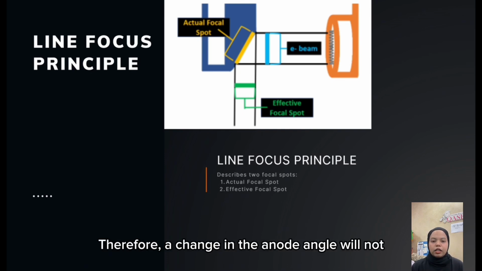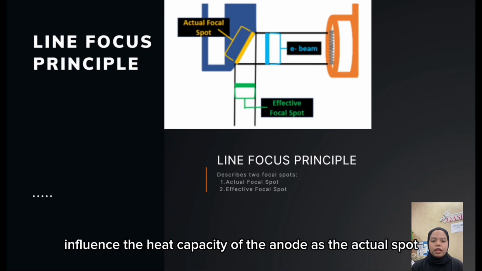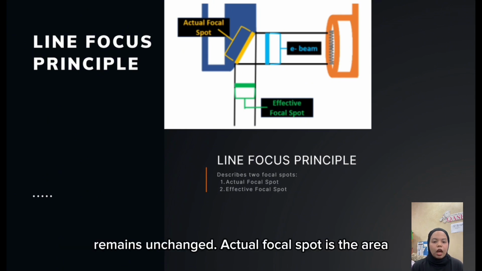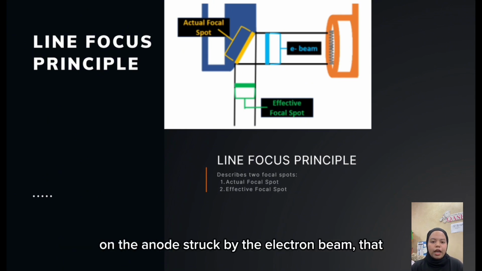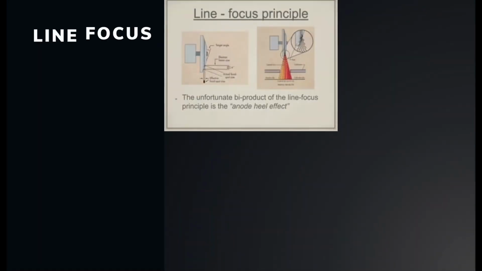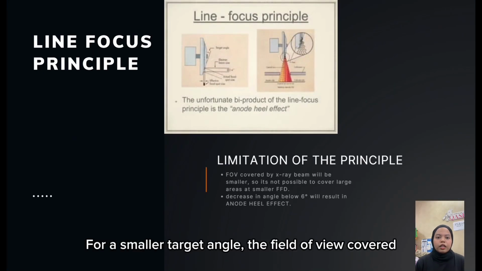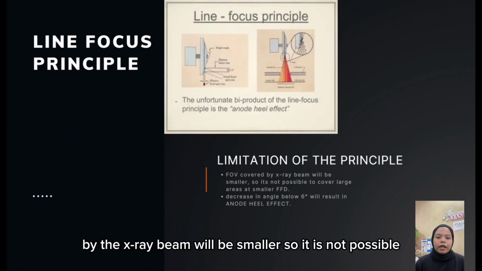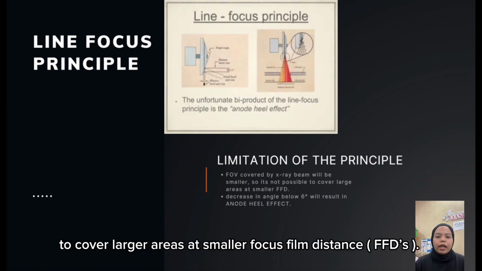Therefore, a change in the anode angle will not influence the heat capacity of the anode, as the actual focus point remains unchanged. The actual focus point is the area on the anode struck by the electron beam that determines the heat capacity too. For a smaller target angle, the field of view covered by the X-ray beam will be smaller, so it's not possible to cover a large area at a smaller focus film distance or FFD.